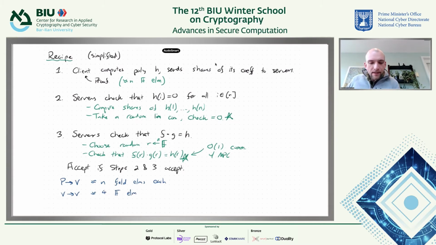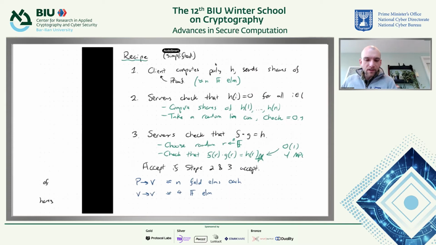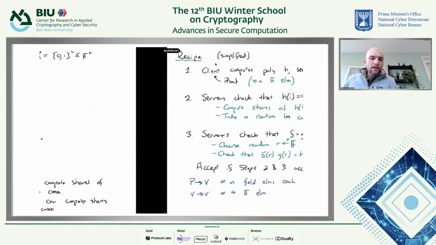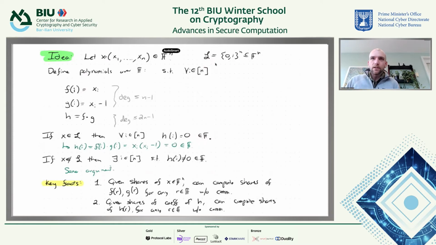The other thing to see is we didn't use any super special properties of this language here. In fact, by changing the definition of f and g, you can make this work for not only this language, but any language recognized by a circuit with n multiplication gates in it. So tweaking this protocol a little bit gives you the full theorem that I promised at the beginning.